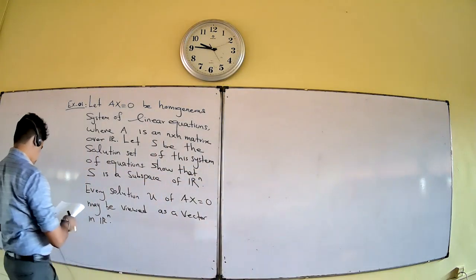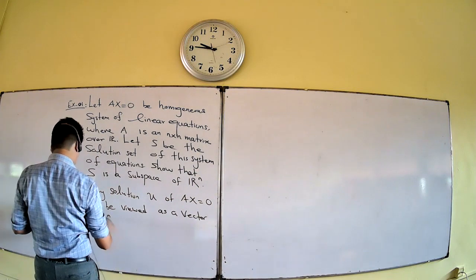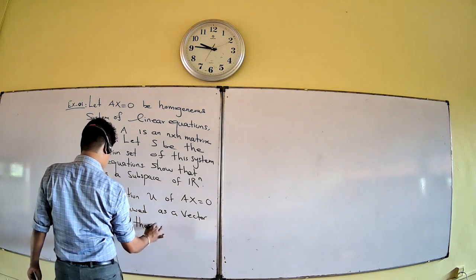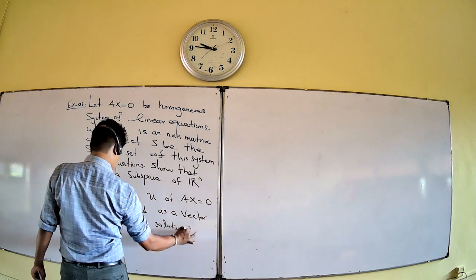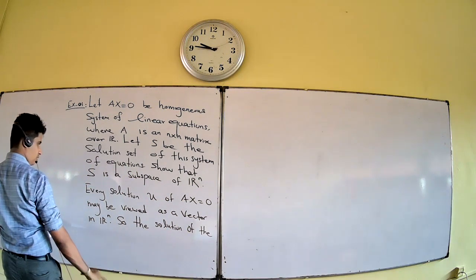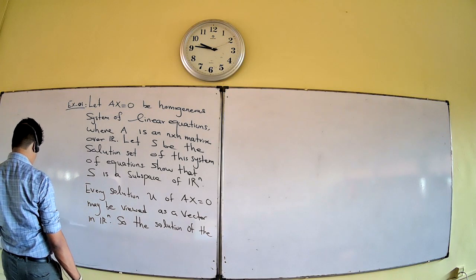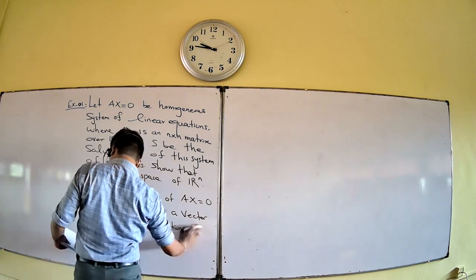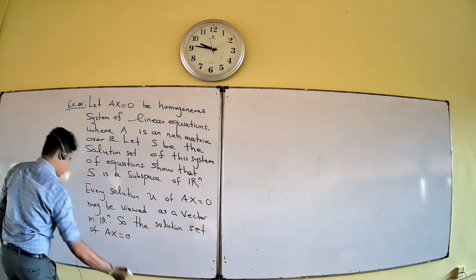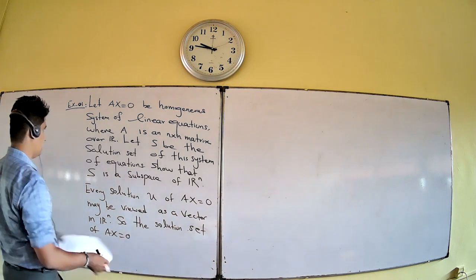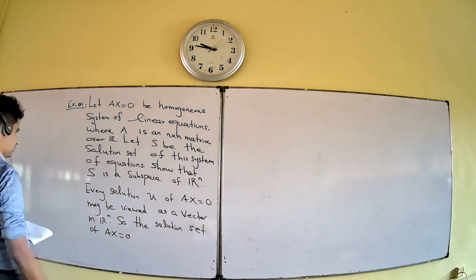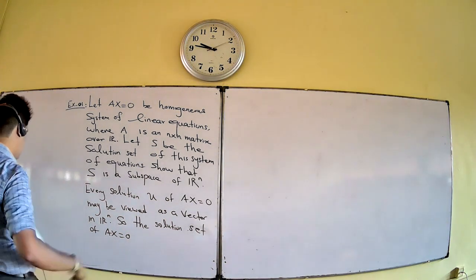So the solution set of Ax equal to 0 is S. The solution set of Ax equal to 0 is a subset of Rn.